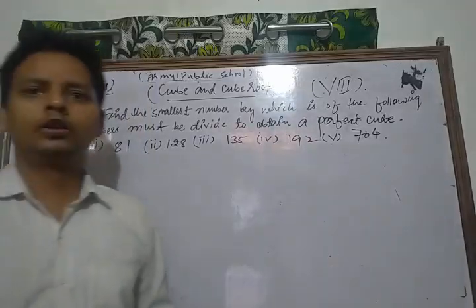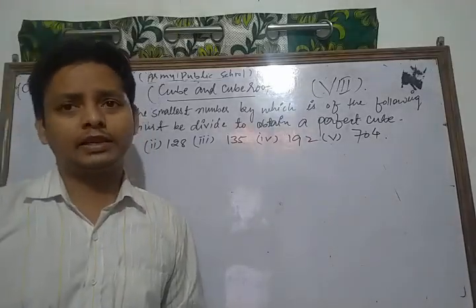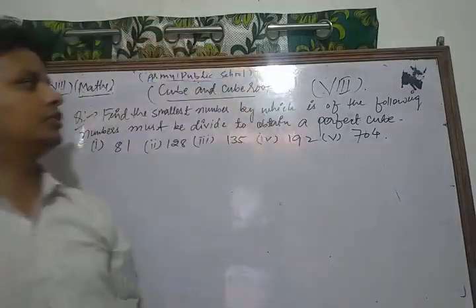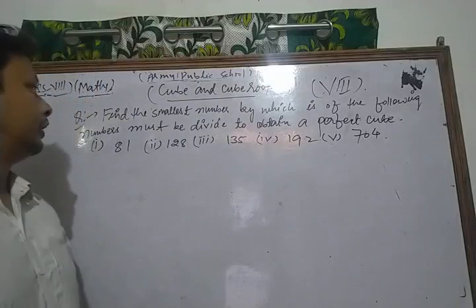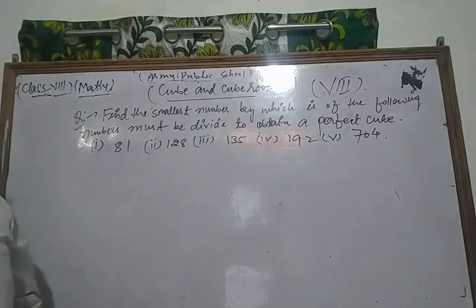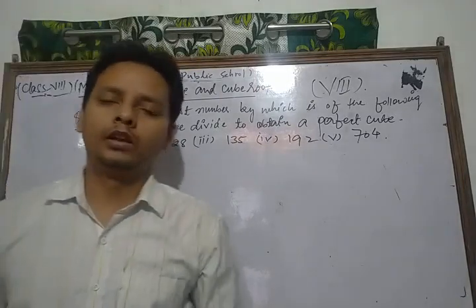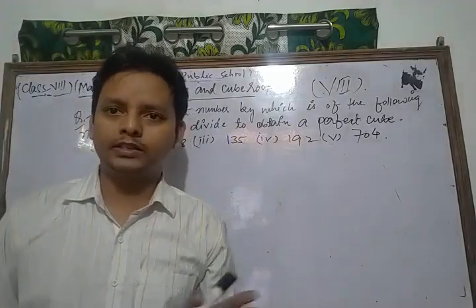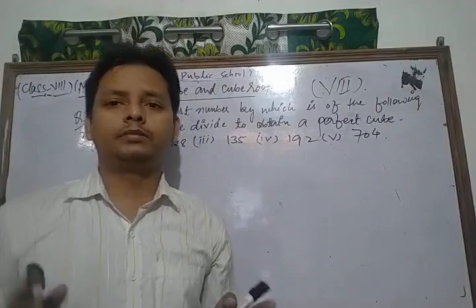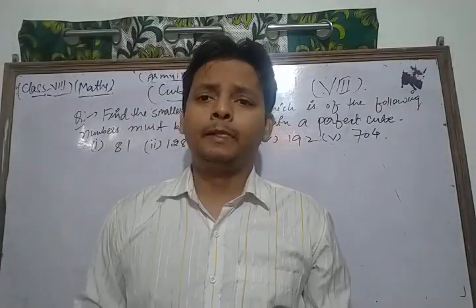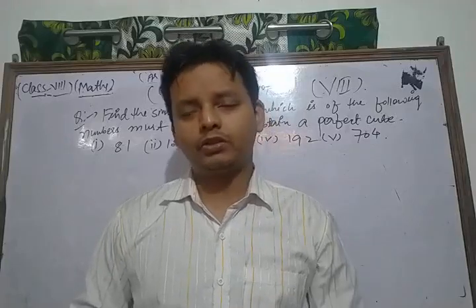Okay, dear students. So for that question, let's see. Dear student, here we find the smallest number by which each of the following numbers must be divided to obtain a perfect cube. For a perfect cube, as I just discussed, first of all we do the prime factorization of the given number.